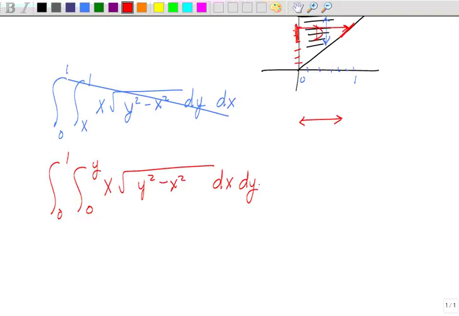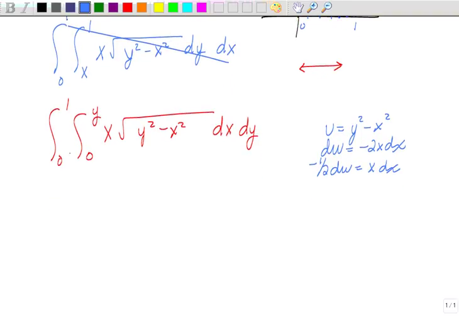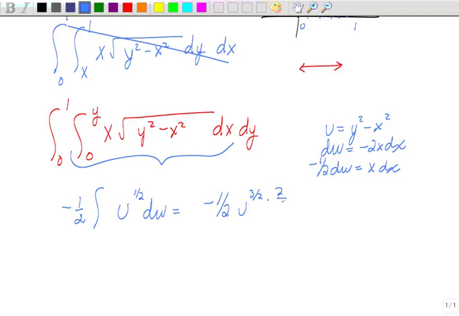And the reason we can do this is because we can say u is y squared minus x squared, and du is minus 2x dx, so minus 1/2 du is x dx. So when I do this integration, I'm integrating minus 1/2 u to the 1/2 du, which is minus 1/2 u to the 3/2 times 2/3, which is minus 1/3 u to the 3/2, plus constant.